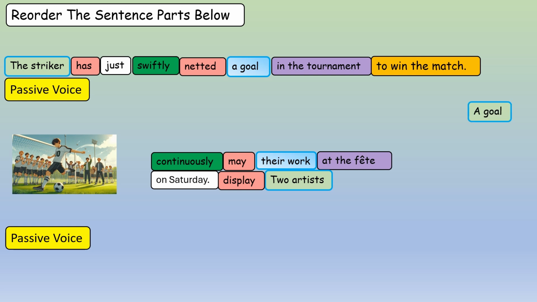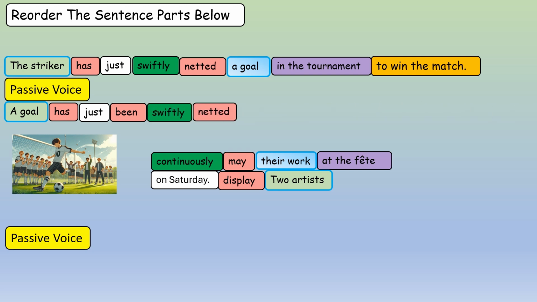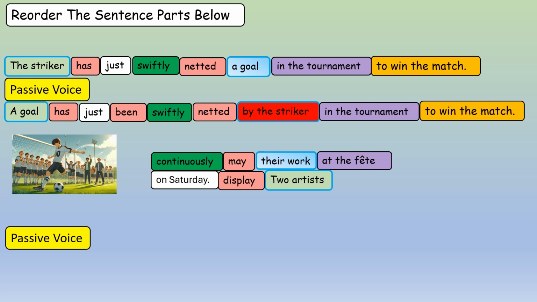Let's see what that looks like in the passive voice. A goal has just been swiftly netted by the striker. There's our agent, in the tournament to win the match.